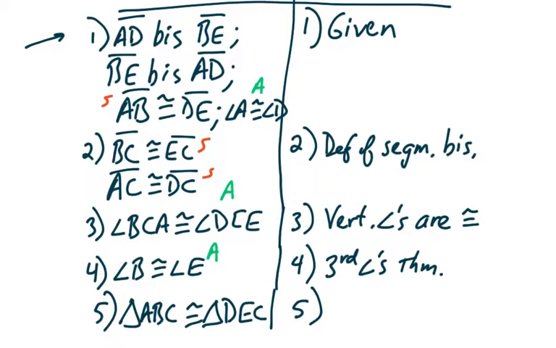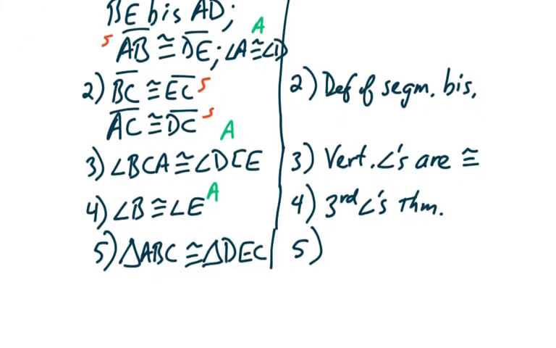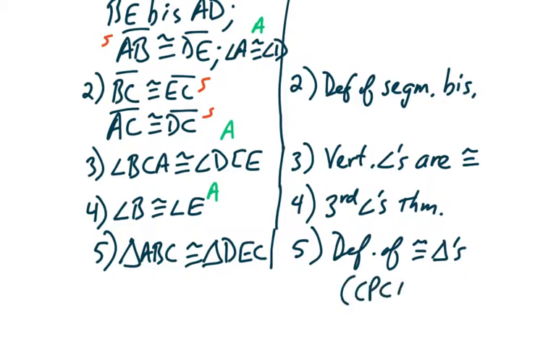Well, because we showed everything congruent. So we can have 2 different ways that we can say this, folks. We can either say, well, by the definition of congruent triangles. You found all sets of sides and angles are congruent, therefore the triangles are congruent. Or we also used that cool new acronym CPCTC. Corresponding parts of congruent triangles are congruent.